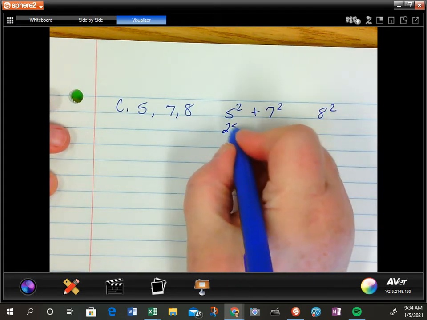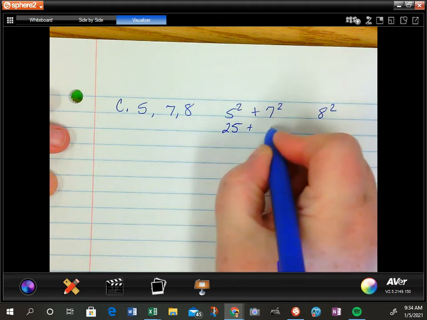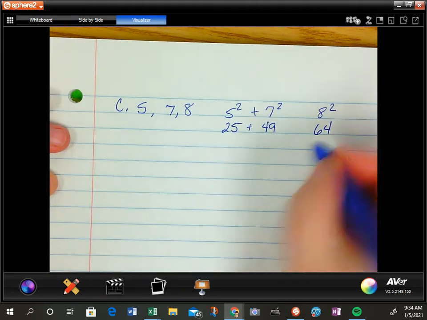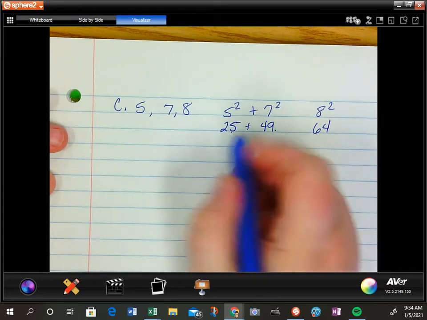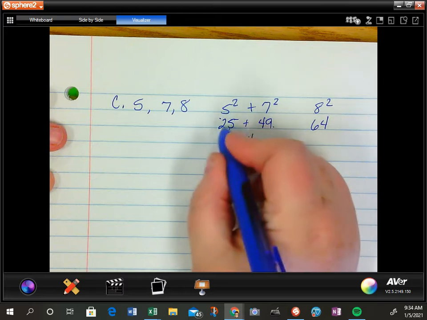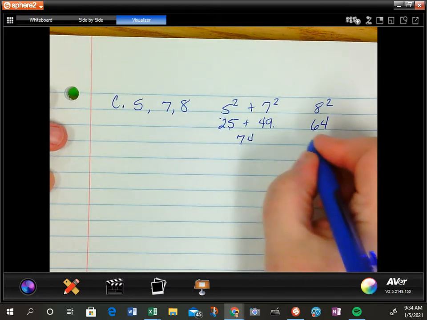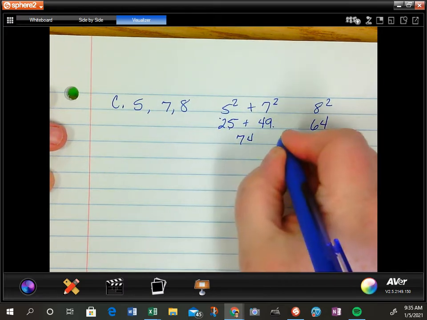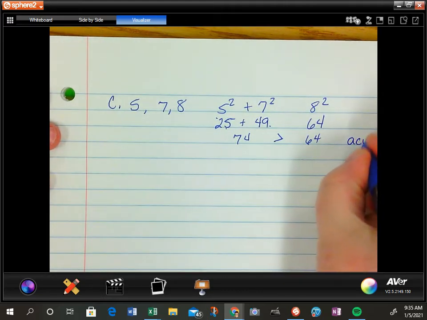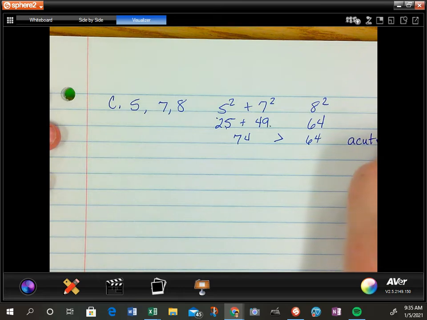So 25 plus 49 and 64. 9 and 5 is 14, carry the 1, 6, 7, 74 and 64. That's greater than, so this would be an acute triangle.